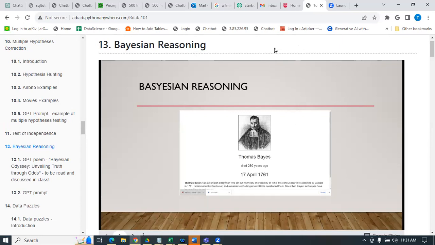Another reason is that it's, of course, a foundation of pretty much anything that later happened in data science, machine learning, statistics. It's one of the most fundamental theorems in science.